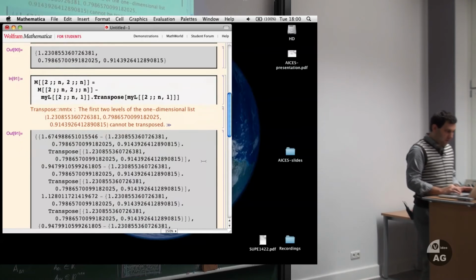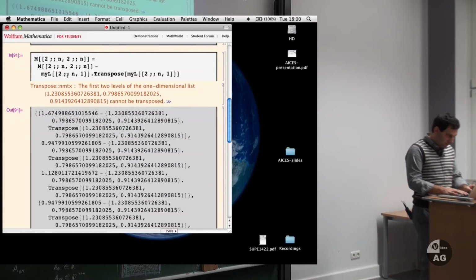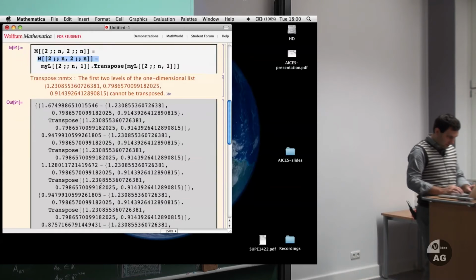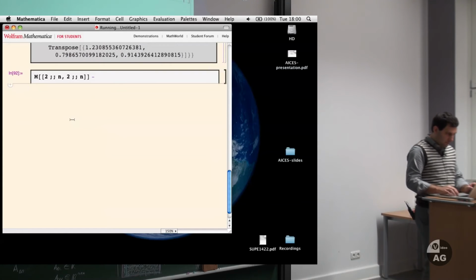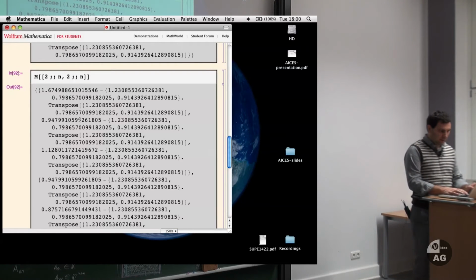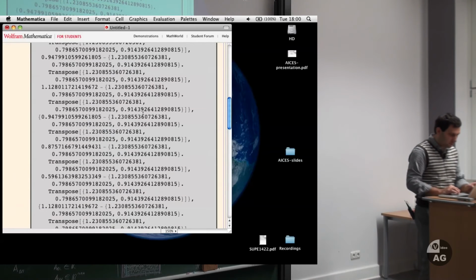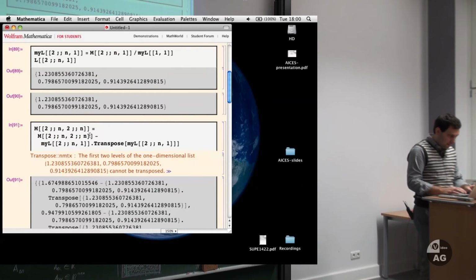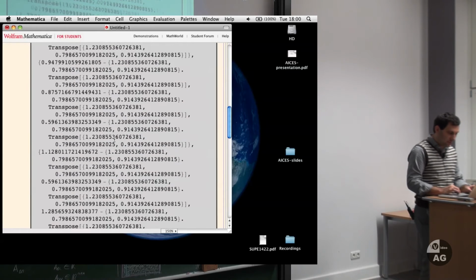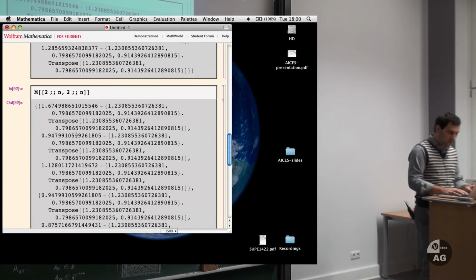Why would this be wrong? Okay, let's look piece by piece. Does that object make sense? Oh, because of course now there is the transpose. So it actually updated it with the stupid transpose.